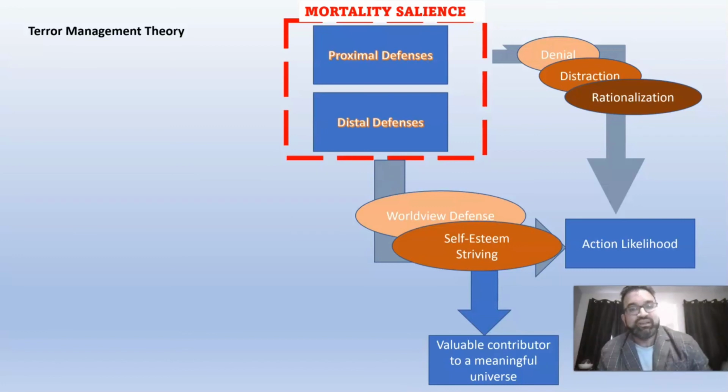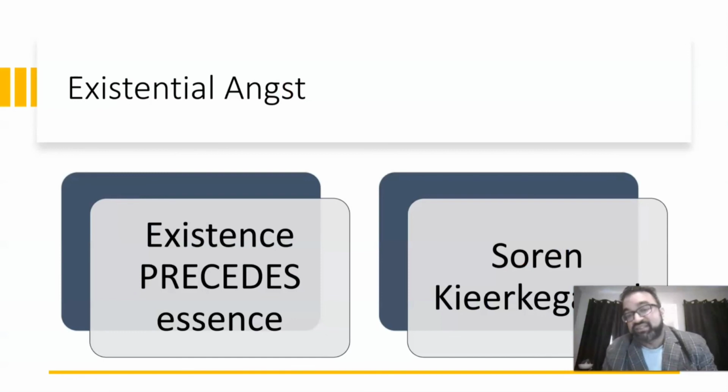In the health belief model, that anxiety was from the threat perception, but here it's the threat perception of mortality, which is the central theme. And so if we can take the individual from a meaningless universe to a valuable contributor to a meaningful universe, this can allow for better management of risky behaviors.